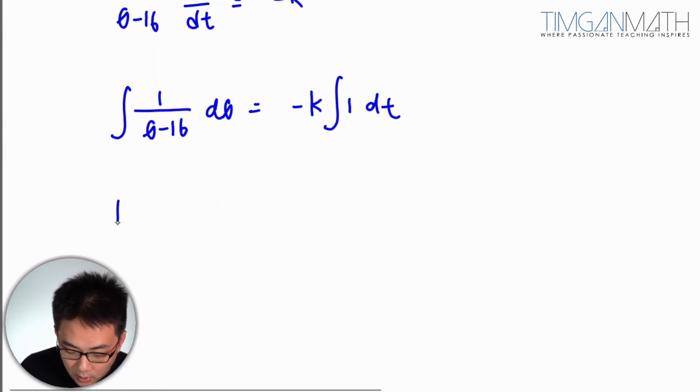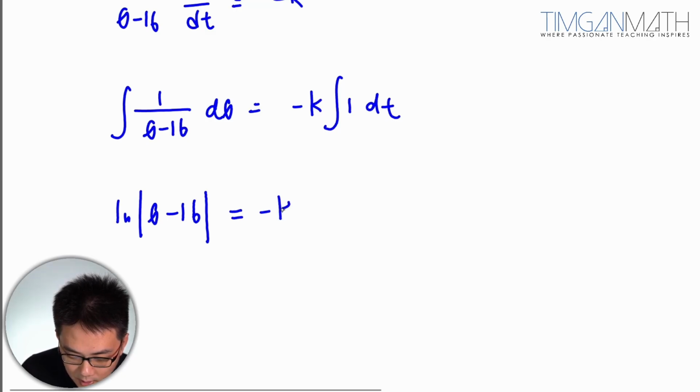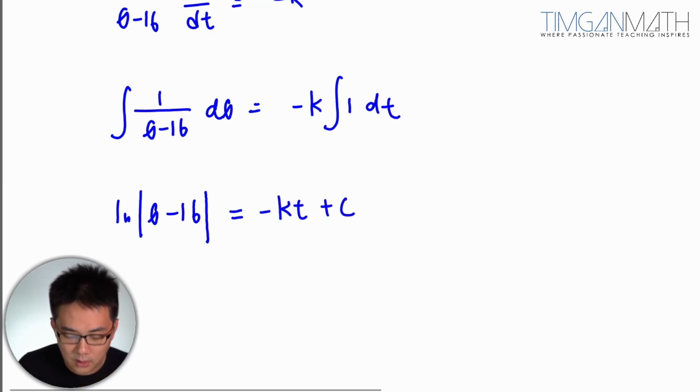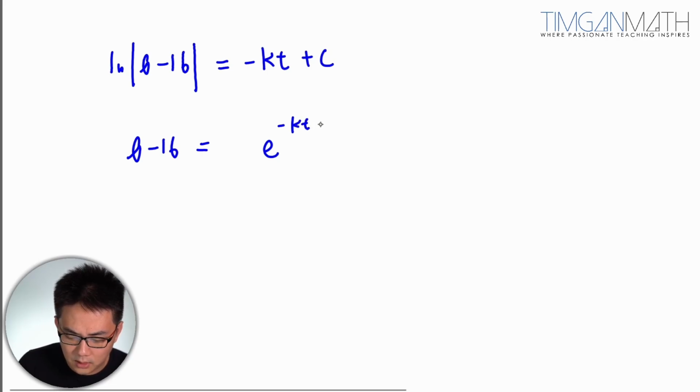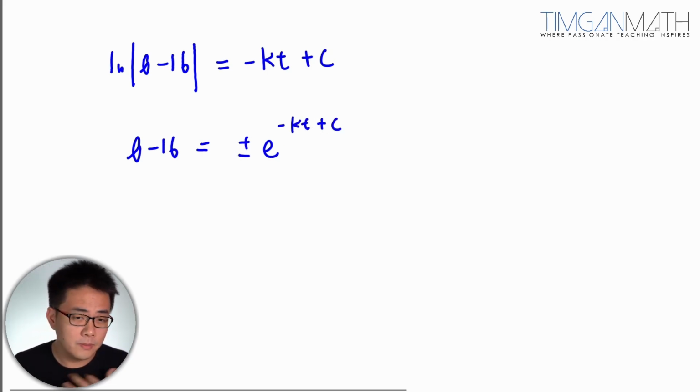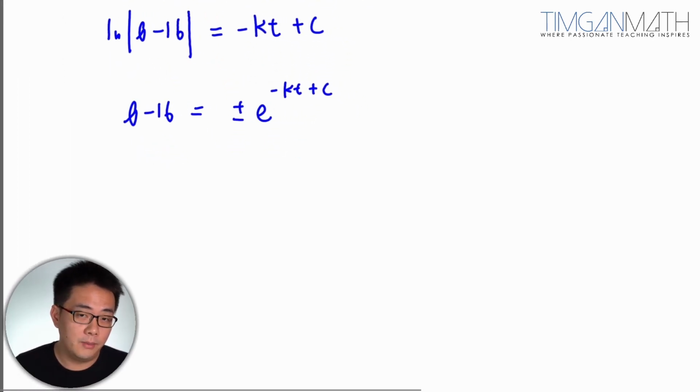So this case here will be ln theta minus 16 equals minus kt plus c. Make theta the subject, that will be easier. So theta minus 16 equals plus minus e to the minus kt plus c. Okay, so plus minus because it's modulus here.